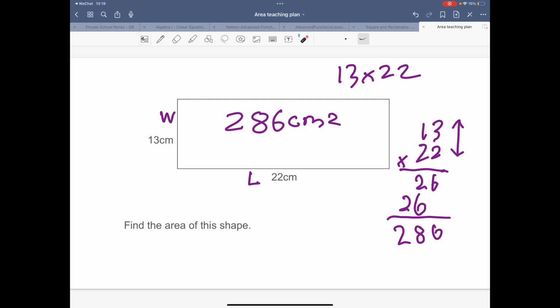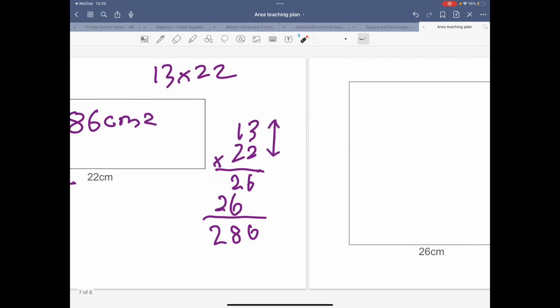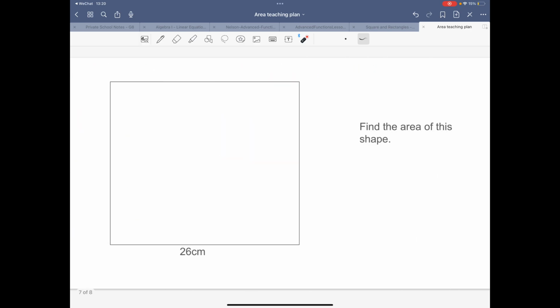So this question is right too. So now I'm going to move on to our final question, which is a bit harder than these. It's a square. So do you remember our last lesson about perimeter?